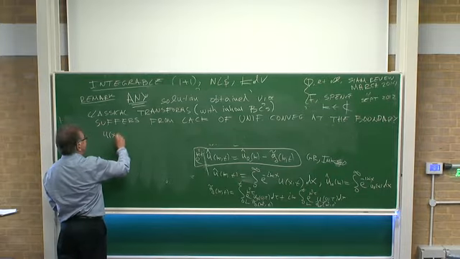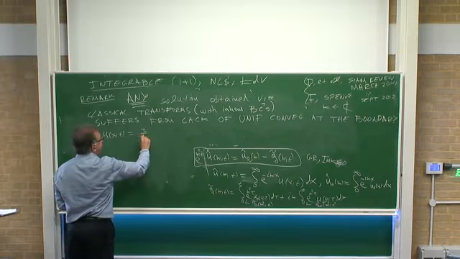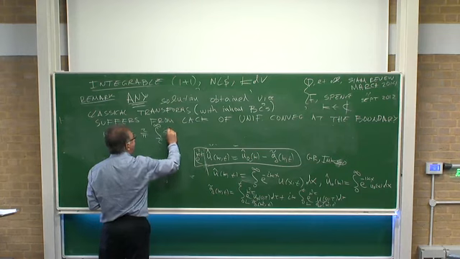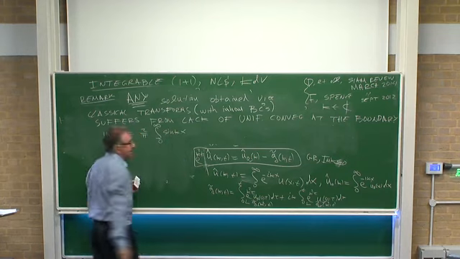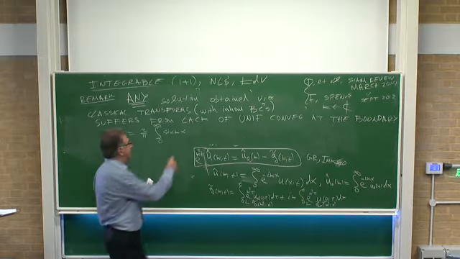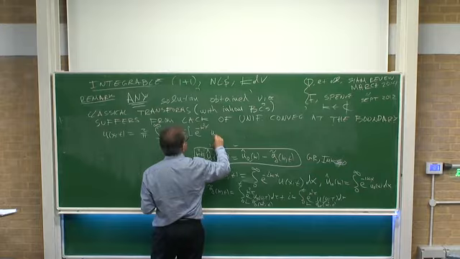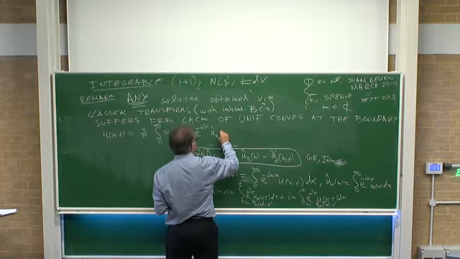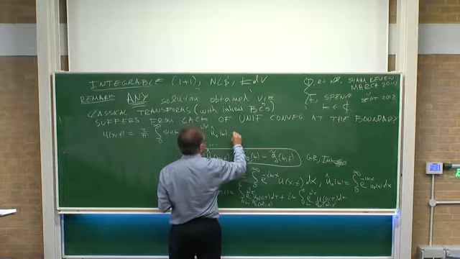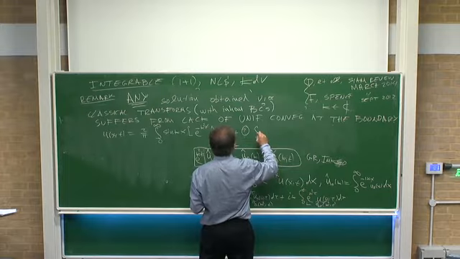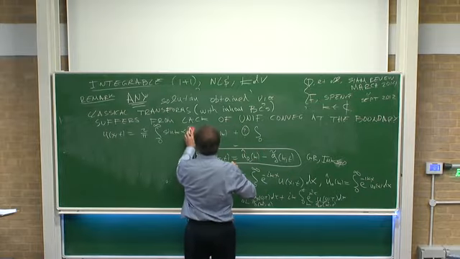u(x,t) is 2 over pi, the integral from 0 to infinity, sine of kx, and here we'll have e to the minus k squared t u0 of k, and here we'll have some coefficient and the integral.